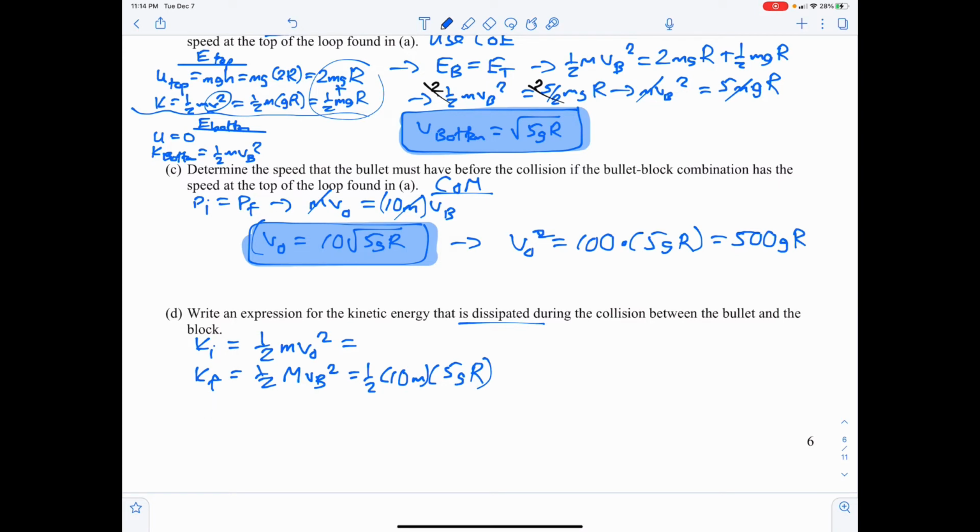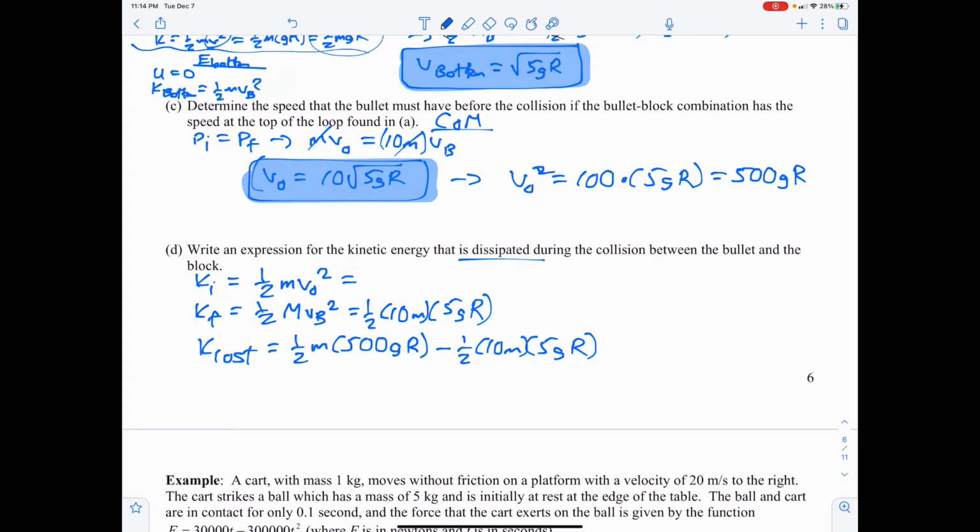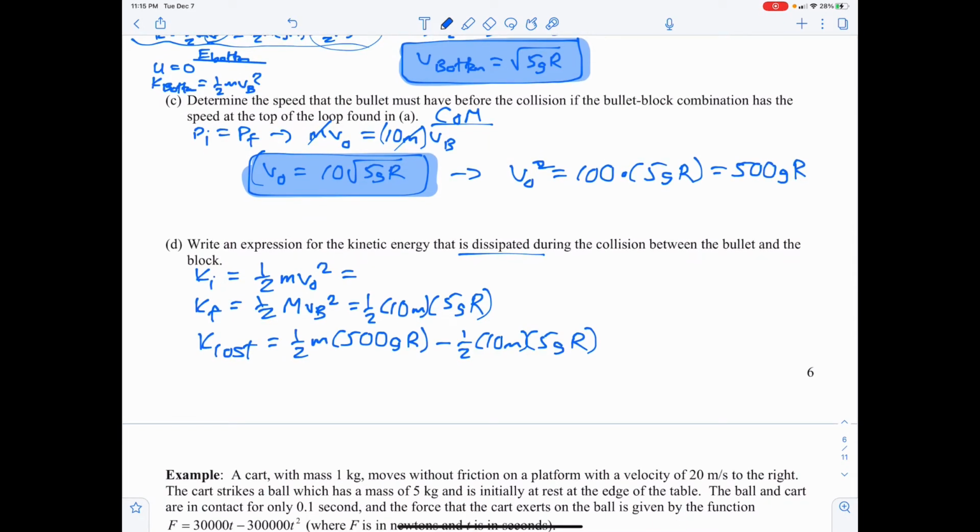So my kinetic energy lost or dissipated is going to be my 1/2 times my m times 500gr minus 1/2 times my 10m times 5gr. Okay, let's figure this out. 1/2 of 500 would be 250 mgr.